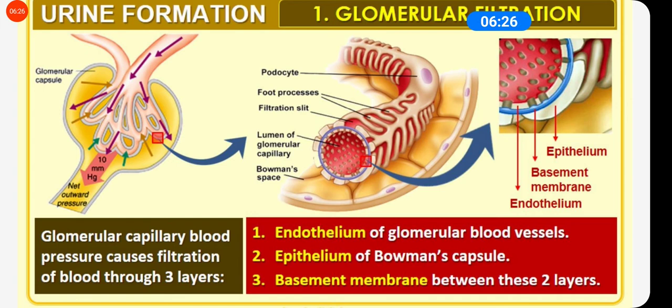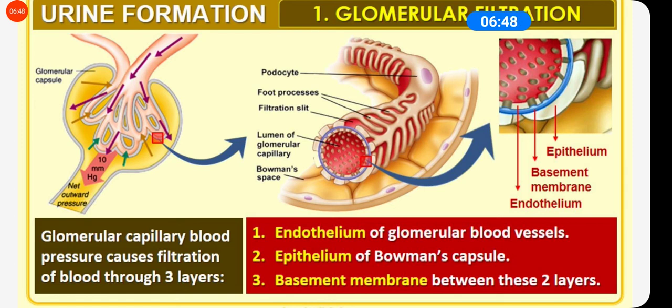Now here we are enlarging this figure and it is turning into podocytes. The slit-like structures are called podocytes. Then filtration slits are there in between the podocytes. Then the lumen of glomerular capillary and Bowman's capsule.